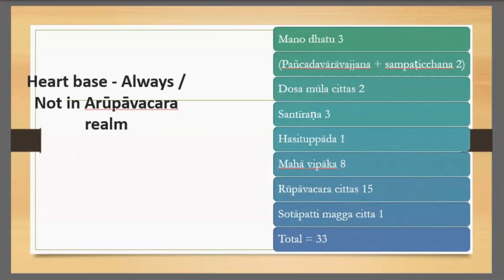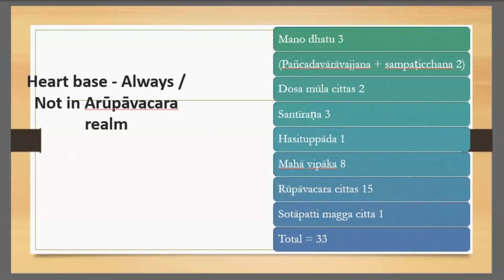We have to classify the chittas that arise based on heart base, based on always and sometimes. Here we classify based on arupavachara realm, because the chittas that arise in arupavachara realm do not have a base.